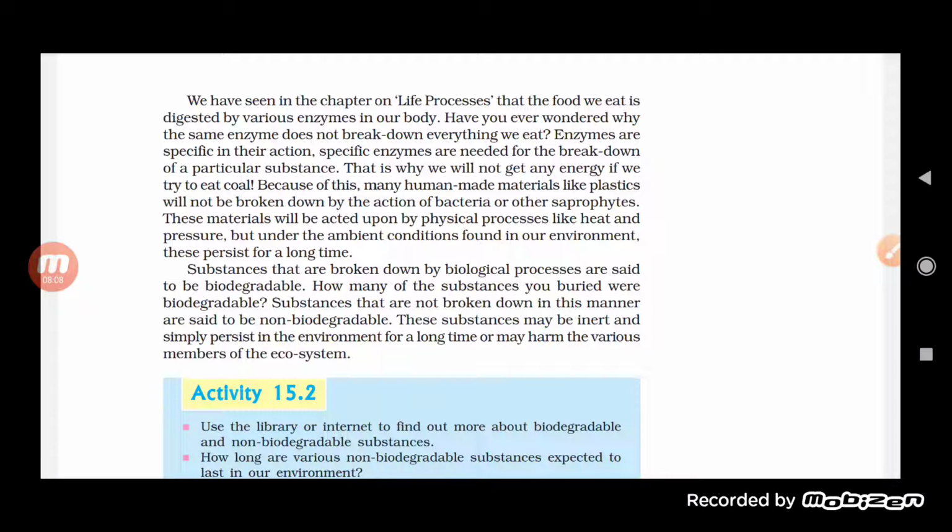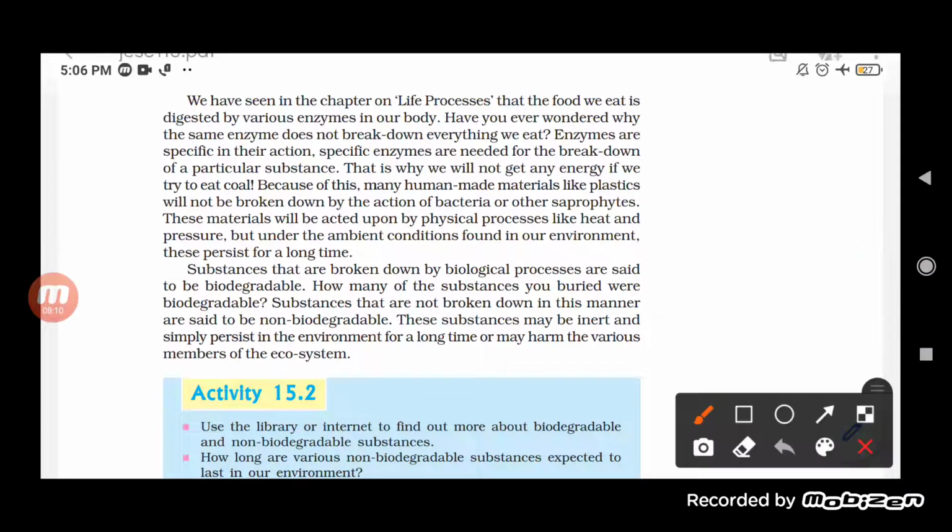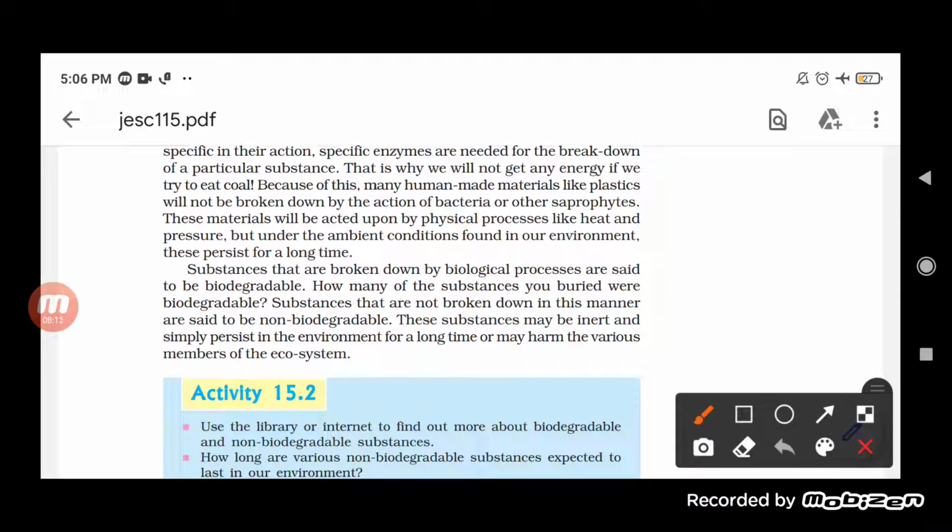Similarly, in the case of food itself, there are certain bacteria which help in the breakdown of substances. So some of the food materials involved in the waste material will be converted into compost with the help of bacteria.